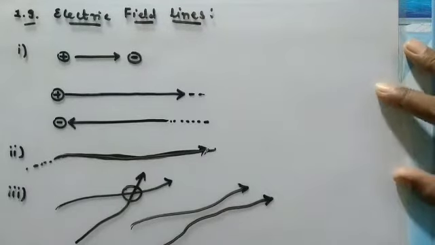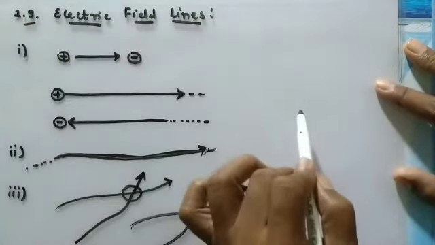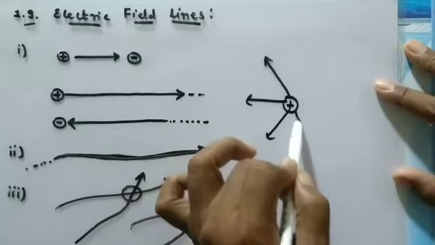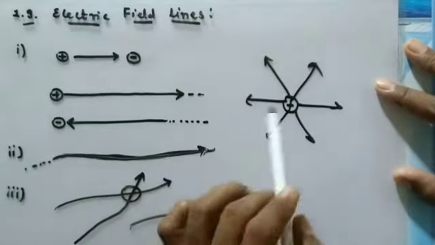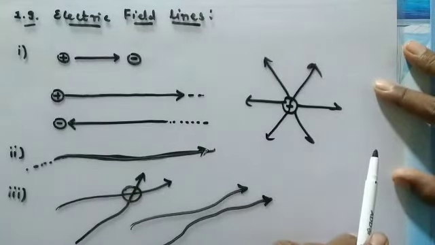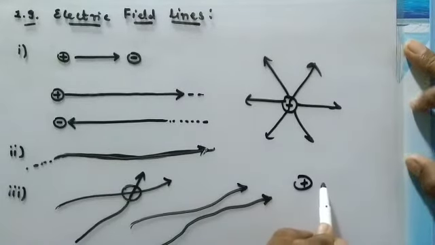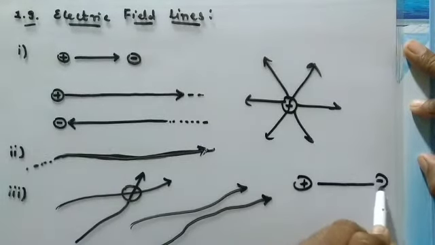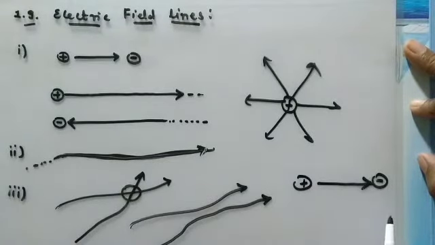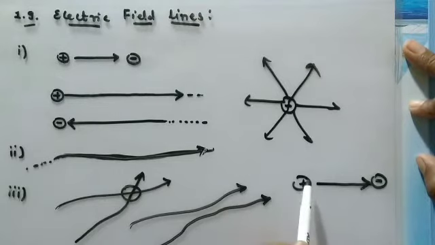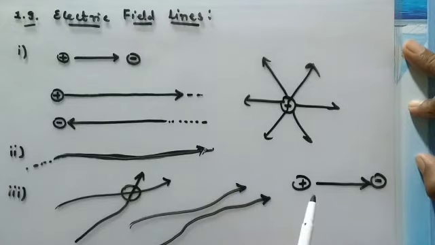Earlier also we have seen that if there is a positive charge, then the field lines will be like this. You can see here, no two field lines intersect each other. If we consider one positive and the other negative, then electric field lines emerge from positive and end in negative. If we draw another field line, because we know that from a positive charge many field lines emerge, we can say an infinite number of field lines emerge.